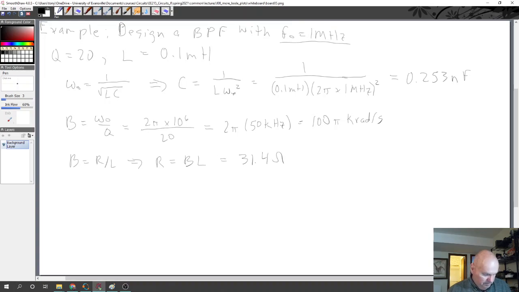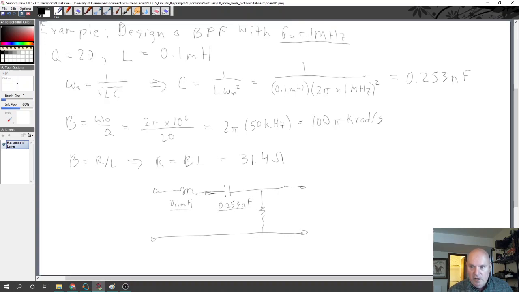And so my circuit now, for this second order bandpass design with a center frequency of 1 megahertz and a Q of 20, would have L as 0.1 millihenries and C as 0.253 nanofarads.